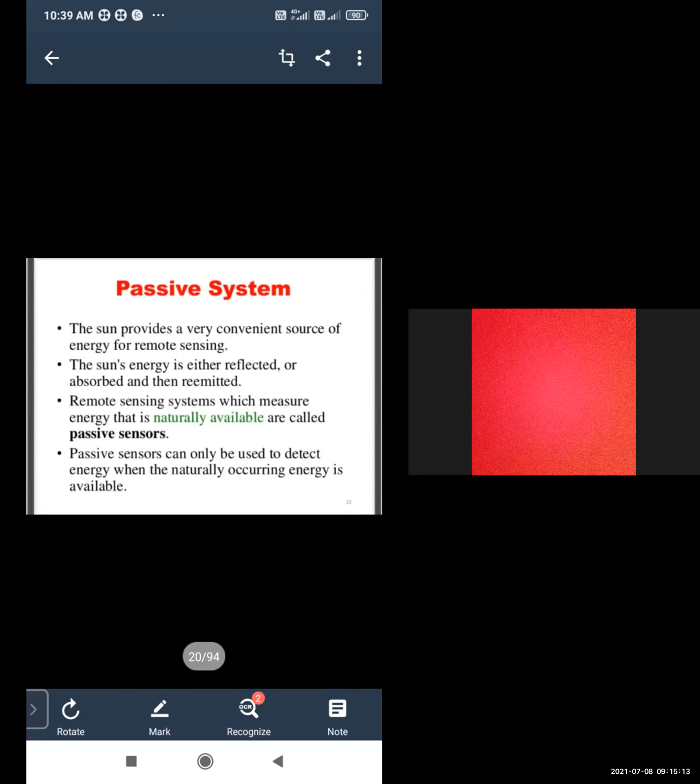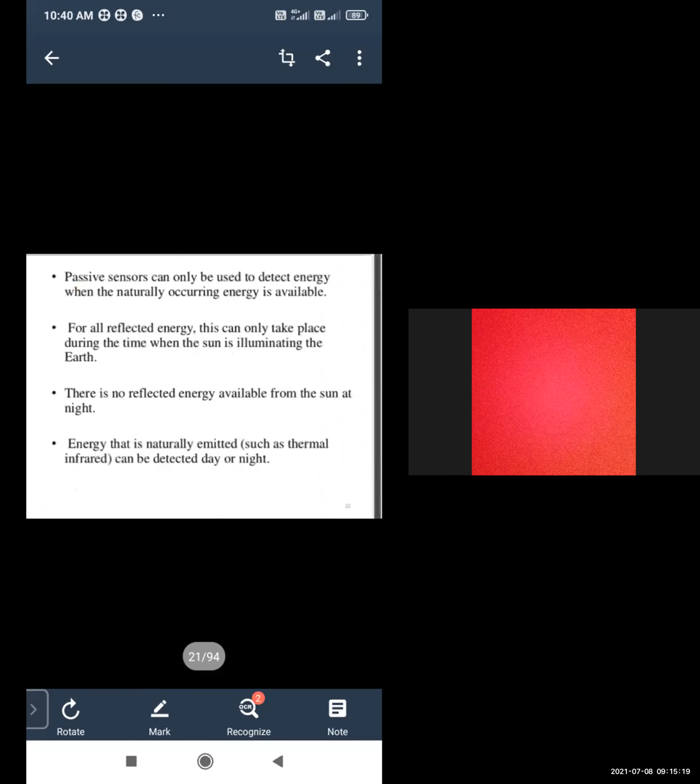Passive sensors can only be used to detect energy when the naturally occurring energy is available. That means the sun is available. For all reflective energy, this can only take place during the time when the sun is illuminating the earth.